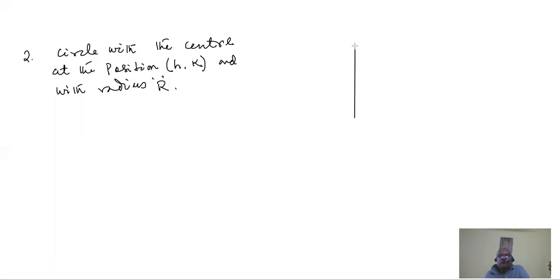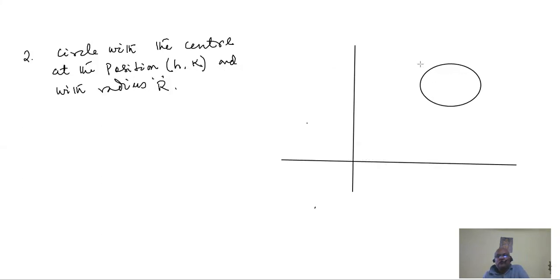So we go for the circle, but first of all, our coordinate axes must be drawn. Then we got the circle.